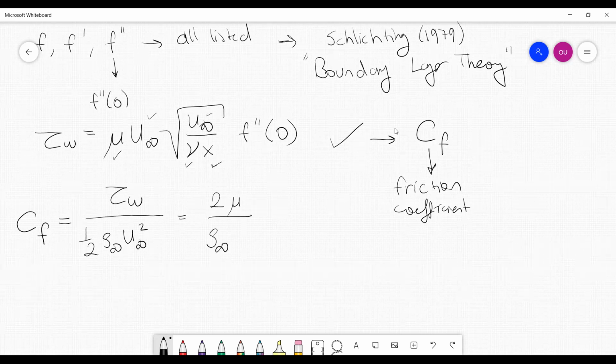I am writing rho infinity here, but we are dealing with incompressible flow, so it does not change. It's actually rho. Anyway, u infinity squared times u infinity multiplied by u infinity divided by nu times x times the second derivative of the Blasius function evaluated at 0.